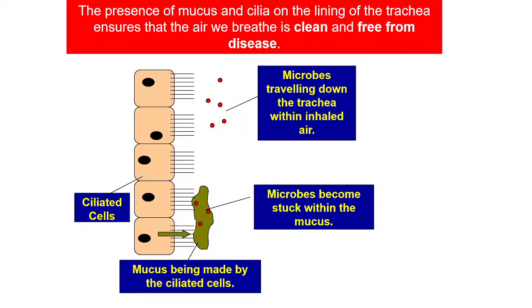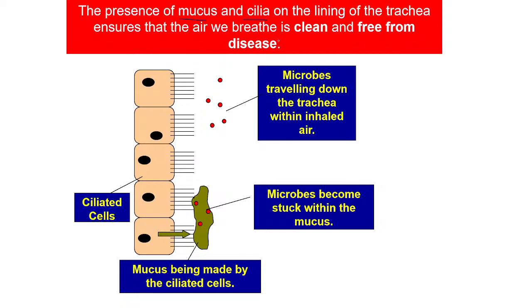Now the inner wall of this trachea is lined with mucus and cilia. What's the importance of this mucus and cilia? This lining helps the trachea in further purification of the air. We already know that if the air we breathe in has any dust particles, they get stuck in the nose or nostril region because of the mucus and the hair present there.